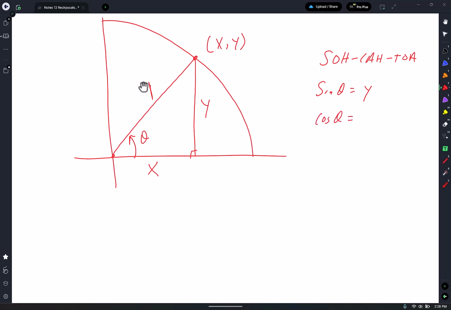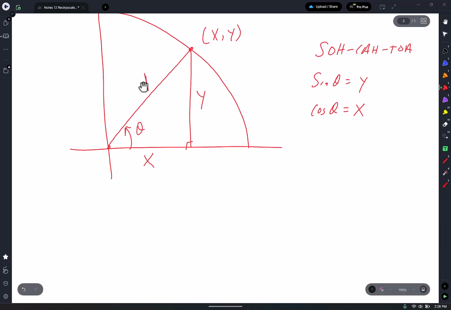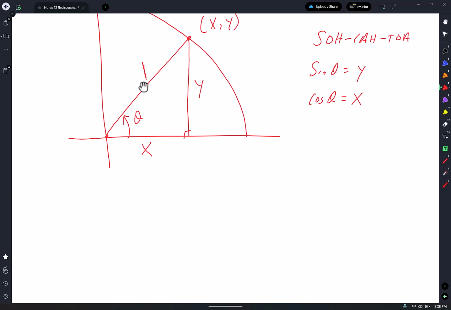Cosine is adjacent over hypotenuse, so x divided by 1, so cosine is x. And those are the only two that I want right now at the moment. Are we still okay, guys? If I look at this right triangle there, I'm going to do Pythagorean theorem. You'll see why we're doing that. So if I do Pythagorean theorem to make a relationship between x, y, and 1, I'm going to write x squared plus y squared equals 1.